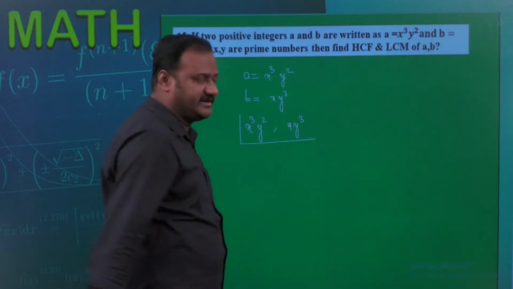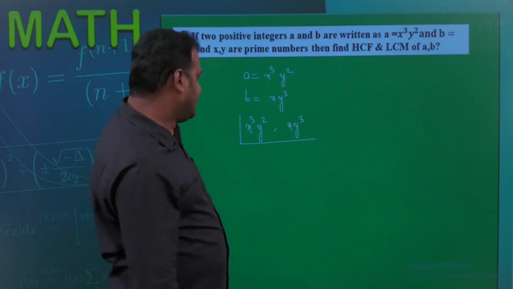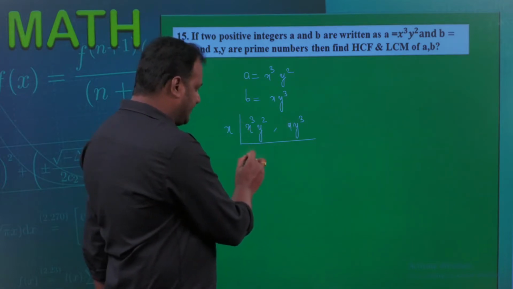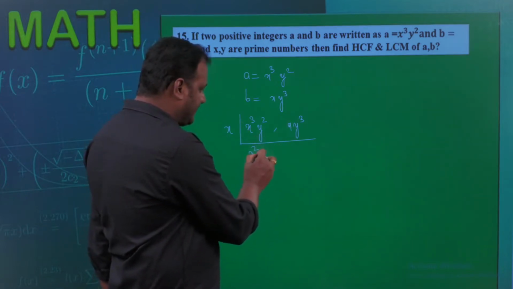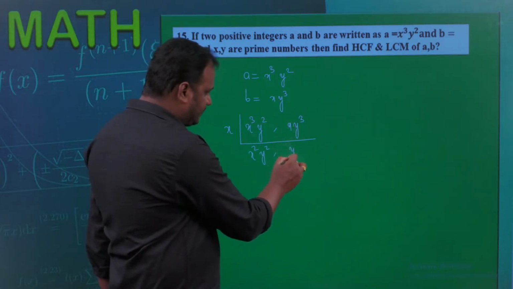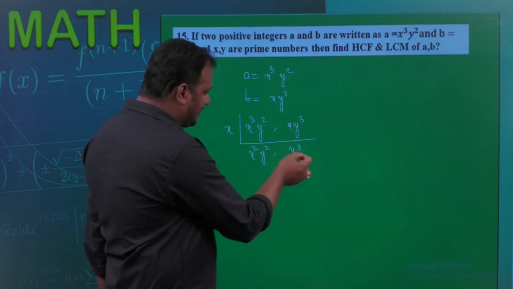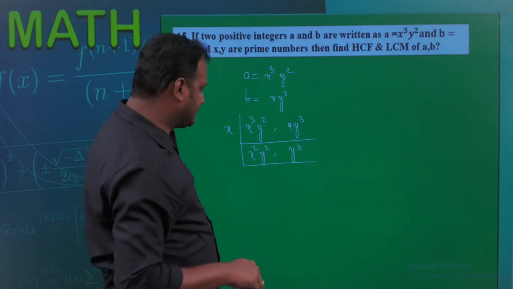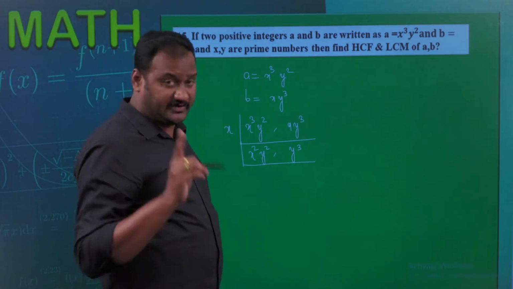Going to find the LCM and HCF by the L method. Here x cube and x, so x cube is the maximum one. Taking x cube, y square is already there, and x ones are x, remaining y cube. There is no common x square left in both. Next, y square and y cube, so y square is the common one.